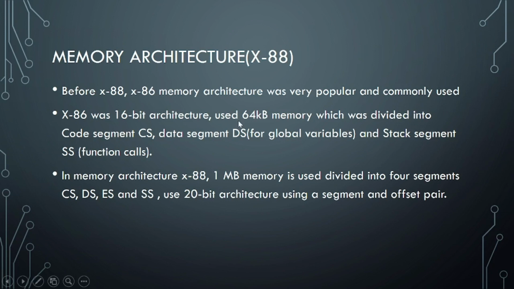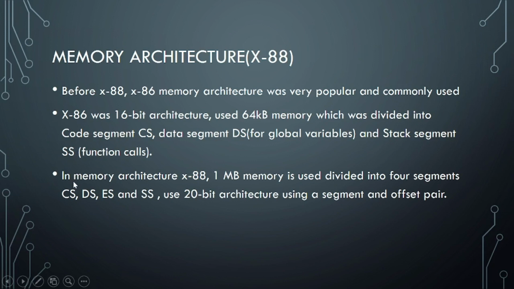So 64 kilobyte memory was used, which was divided into code segment, data segment, and stack segment. Code segment was designated for code or instructions, while data segment was designated for global variables, and stack segment was reserved for function calls and stack.